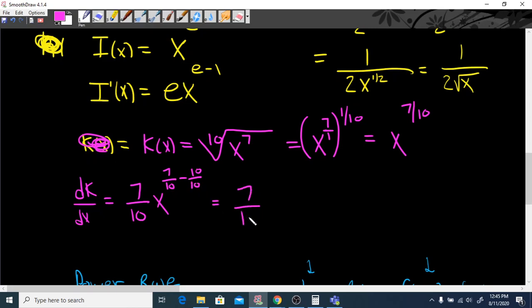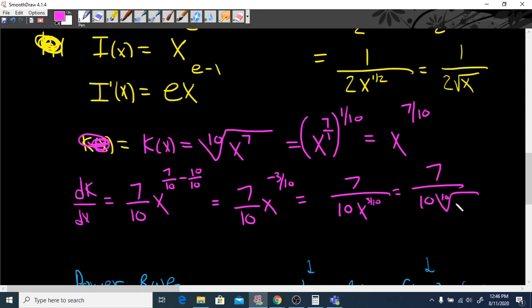So we get 7/10 x to the, and then 7 minus 10. 7 minus 10 is negative 3. Negative exponent, so we can bring it downstairs and make it positive, x to the 3/10. 7 over 10, and then x to the 3/10 power, that's like the 10th root of x to the power 3.